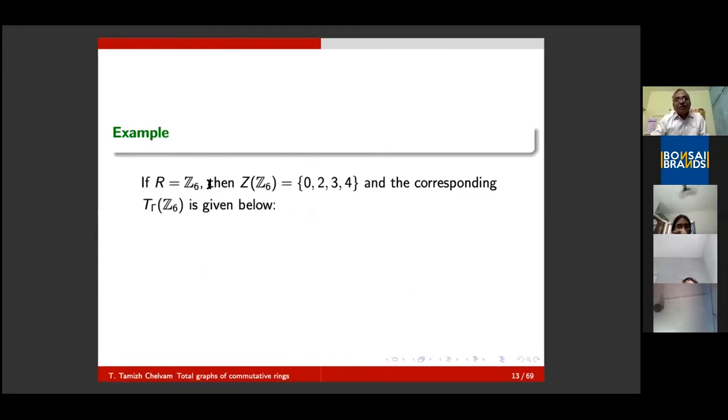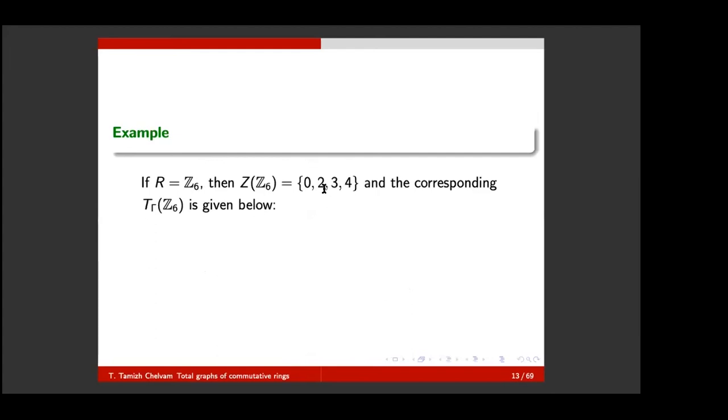Why? A simple observation: what is 2 minus 3? It is 1. Once a generator is included, all the elements can be generated. Therefore, whenever the zero divisor set generates the additive group, the total graph becomes connected. So that is a necessary and sufficient condition.